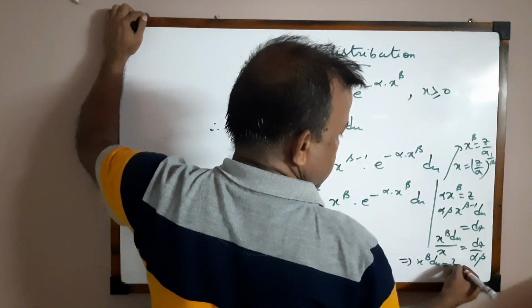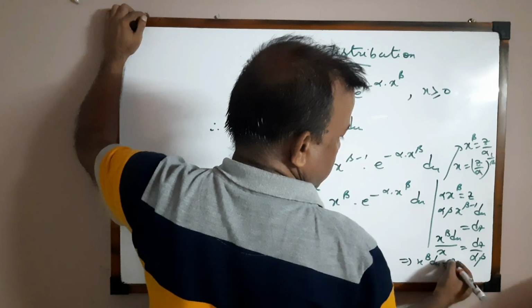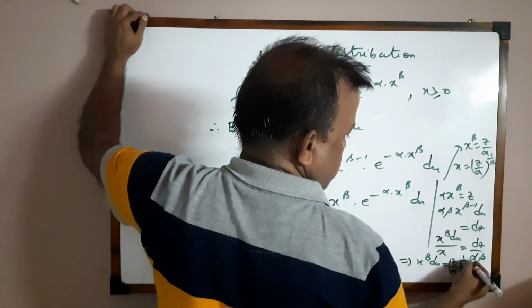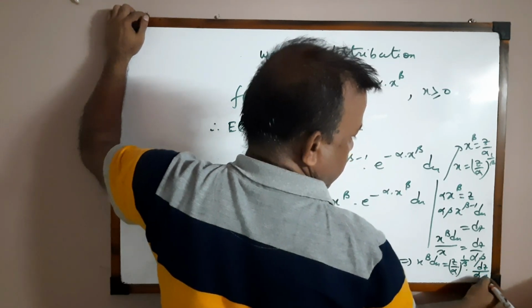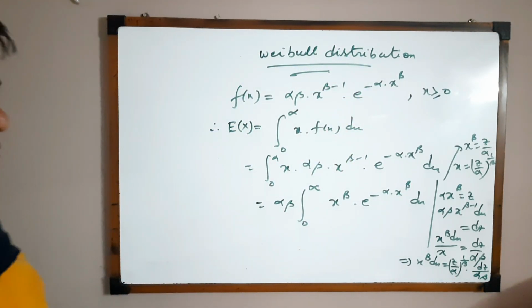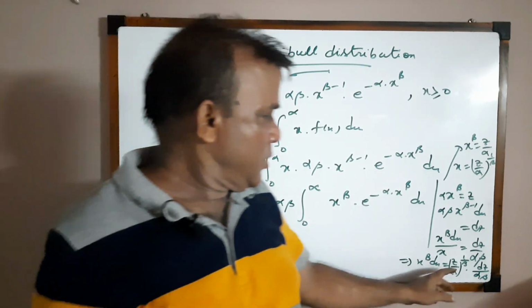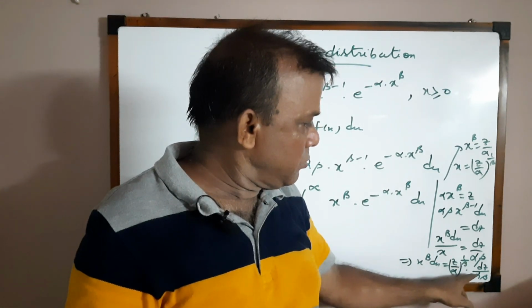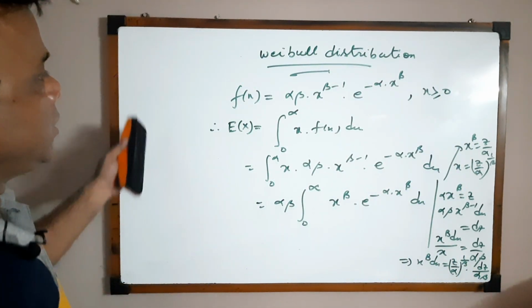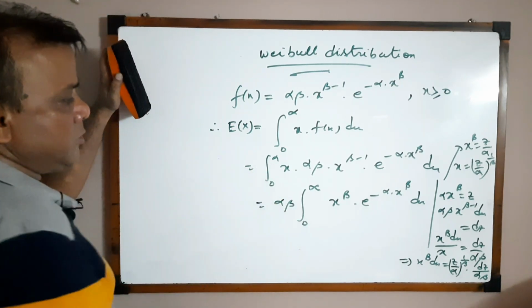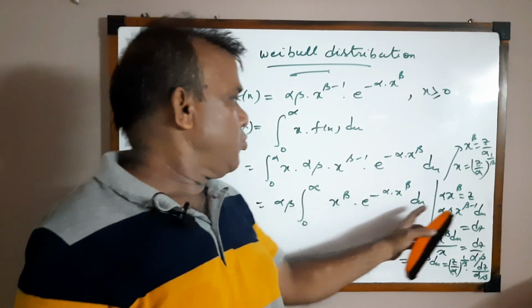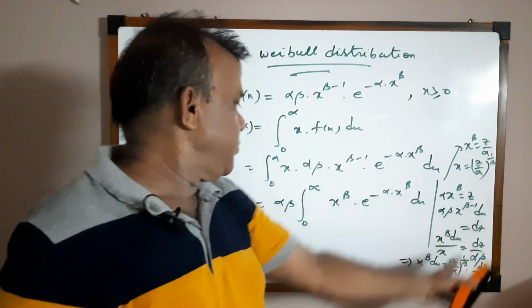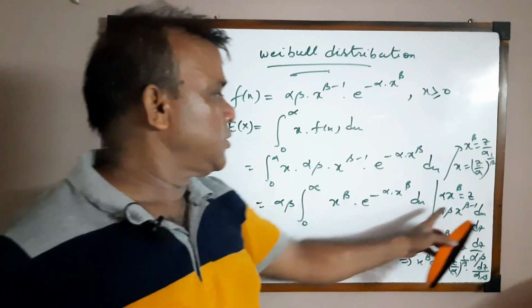Therefore, z by alpha whole to the power 1 by beta into dz by alpha beta. The limits of the integration will remain unchanged, as when x tends to infinity z tends to infinity also, and when x equals 0, z tends to 0 also.